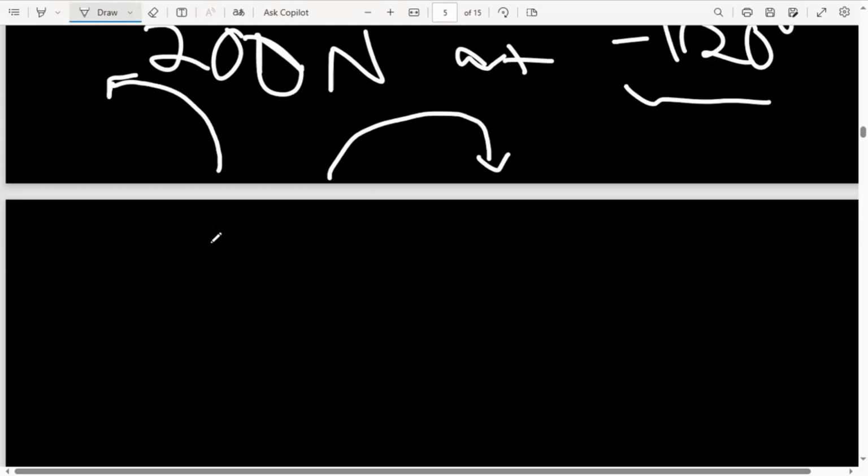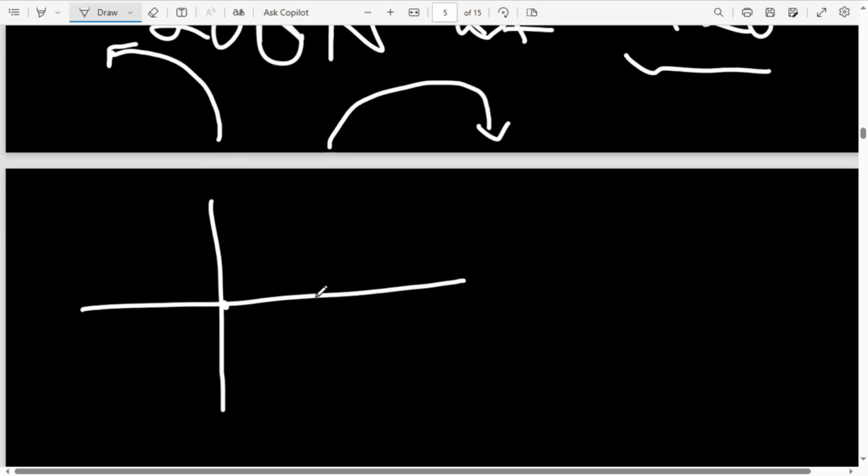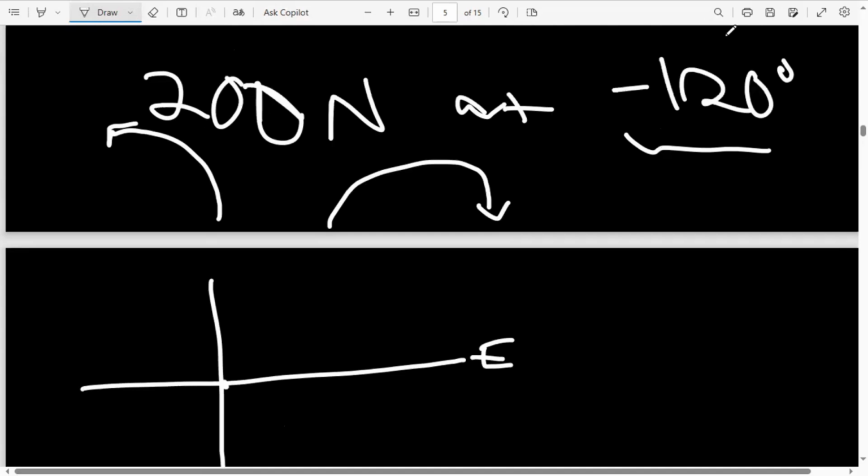Okay, so if I draw my x-y plane here, and then I have 120 degrees there, if this is my starting point, right? I'm moving 120 in this direction. Okay, so I know if I move from this east here to the south here, it has just moved what? 90 degrees. If I moved from east to south, I've moved 90 degrees. But this is what? 120.